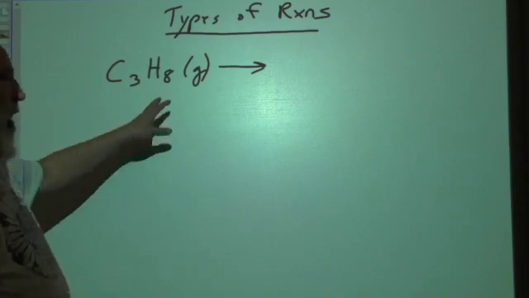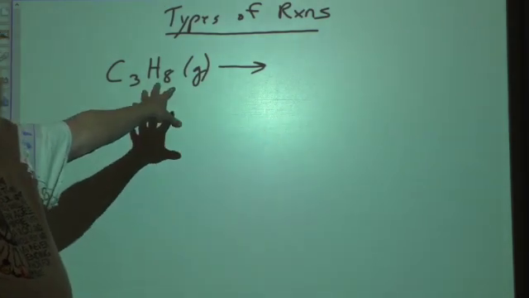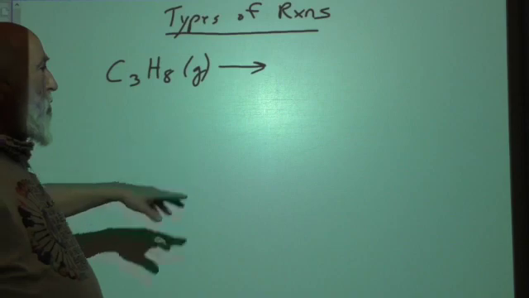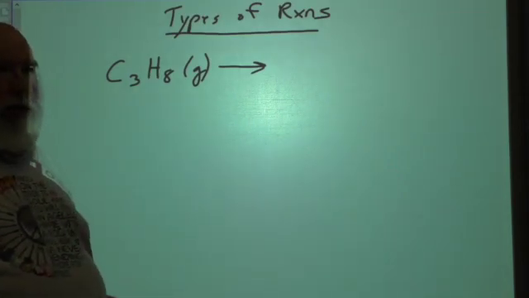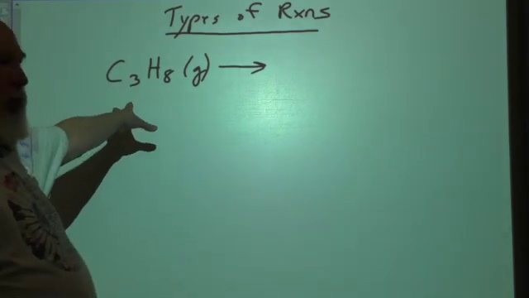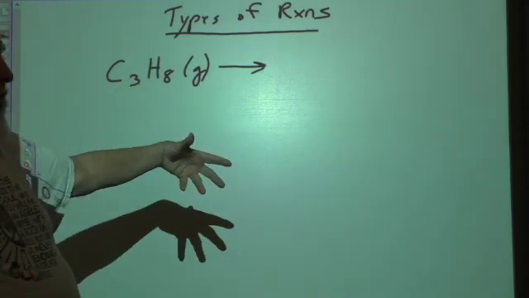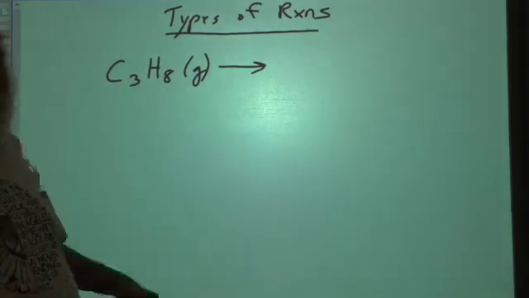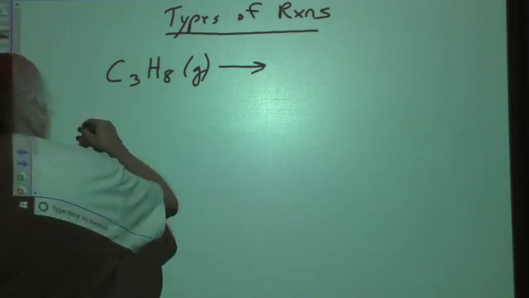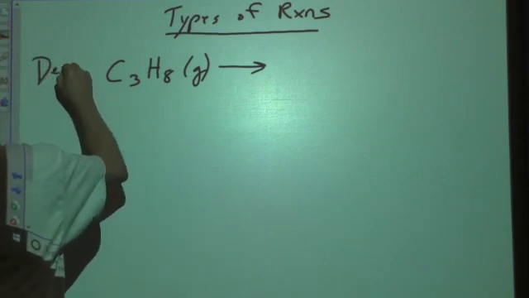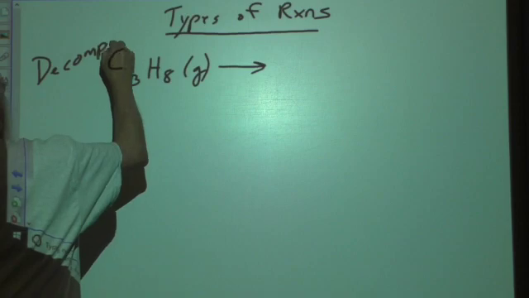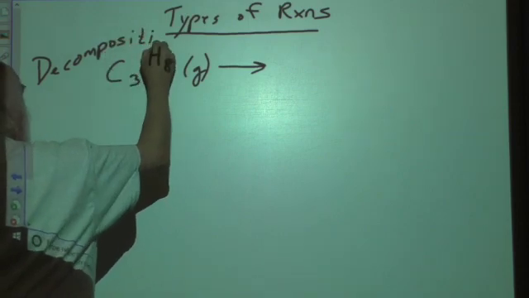Now, this is not reacting with anything, so that tells you that this is not a combustion reaction. The only thing that we can do with something that is a whole compound is break it down into parts. So what kind of reaction would that be? Yeah, that's decomposition. We're going to decompose this thing.